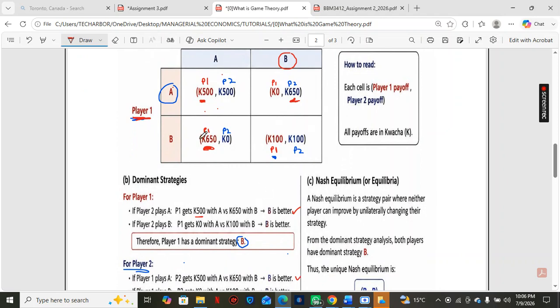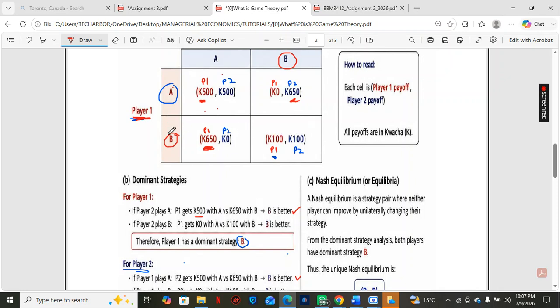Scenario 2, where player 1 picks strategy B. If player 1 picks strategy B, they can get either this 650 here or the 100. Definitely they're going to get the 650 there. Now for player 2, the two options are either you pick 0 or 100. The better option is to pick 100 because 100 is greater than 0.